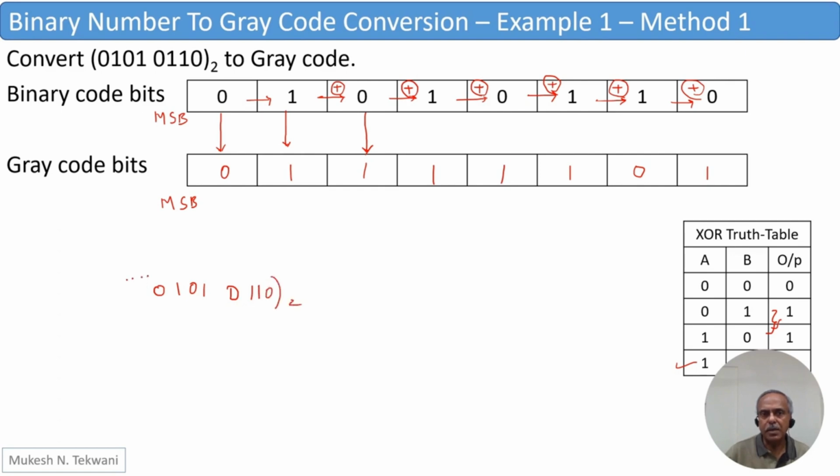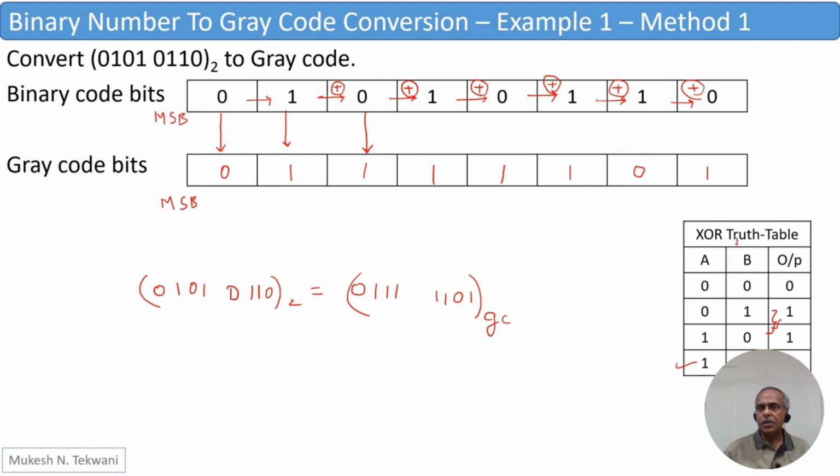This is of binary. This is equivalent to 0 1 1 1 followed by 1 1 0 1. This is of the gray code. This is how we can convert the binary value into its equivalent gray code.